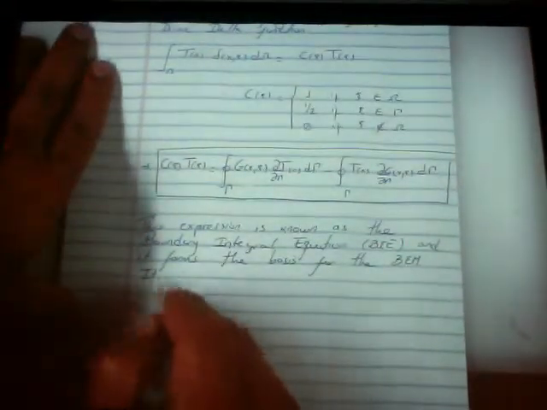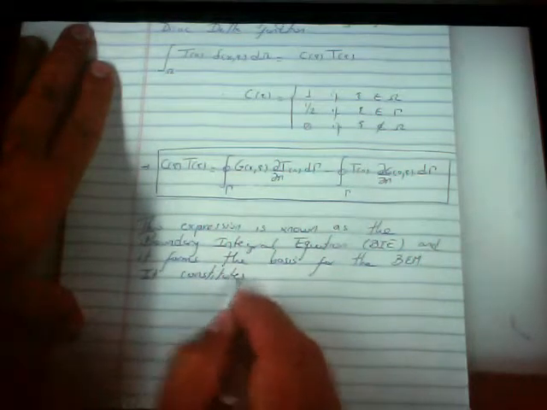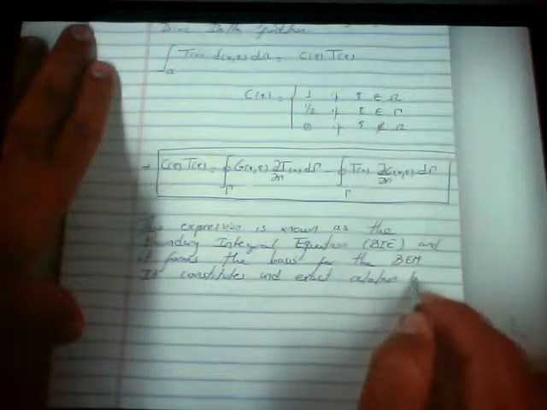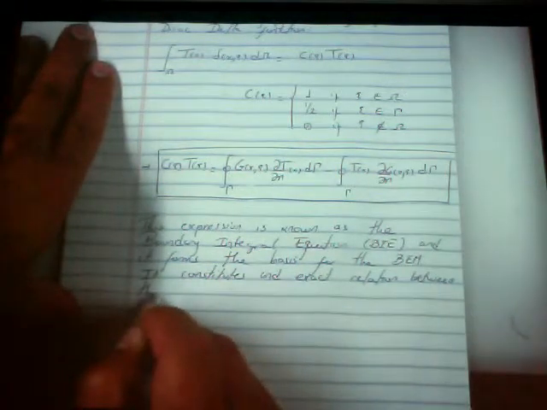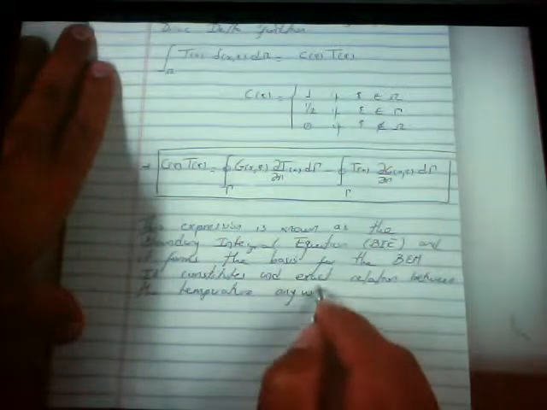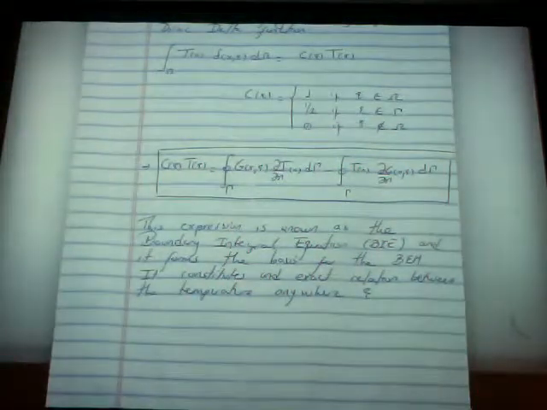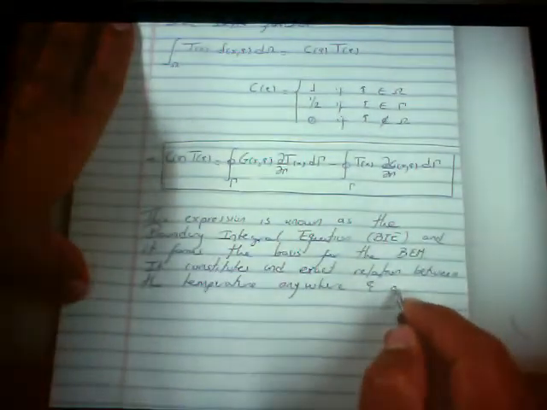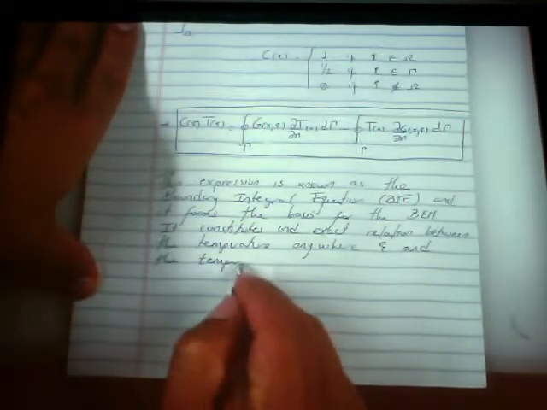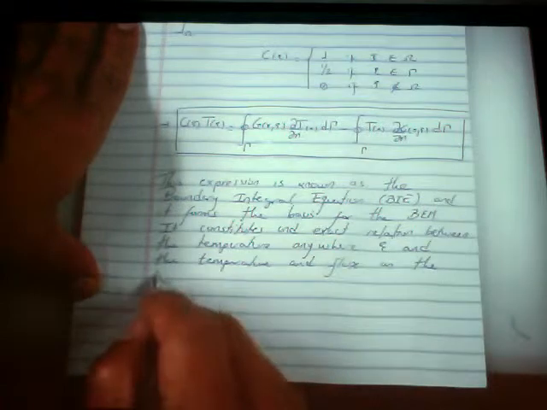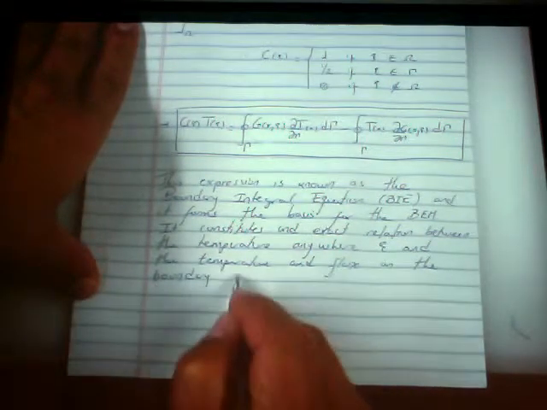It constitutes an exact relation between the temperature anywhere, at any point xi, and the temperature and flux on the boundary.